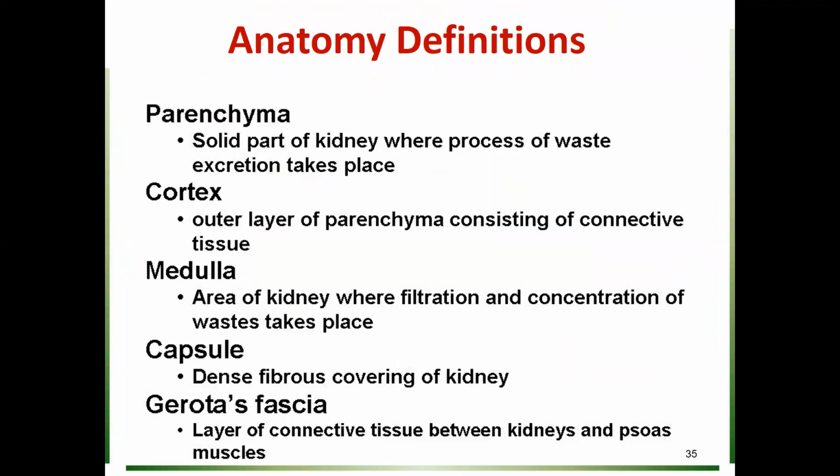This slide contains more detailed terms and definitions of the kidney anatomy. Looking at Gerota's fascia, it is a layer of connective tissue between the kidneys and the psoas muscles, and this does affect our extension when we get to that point.